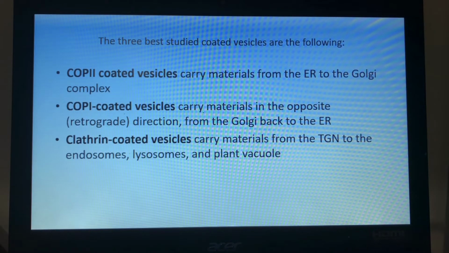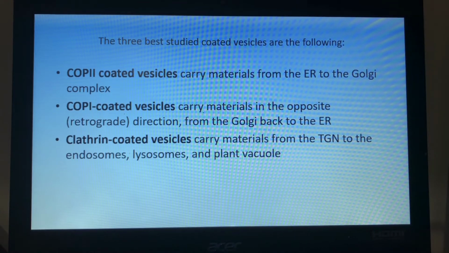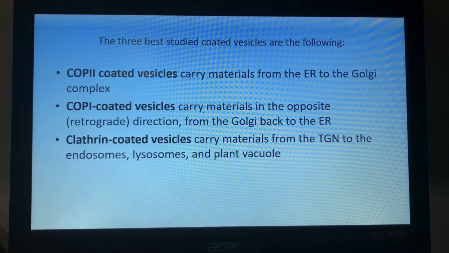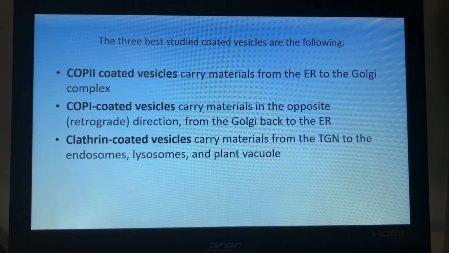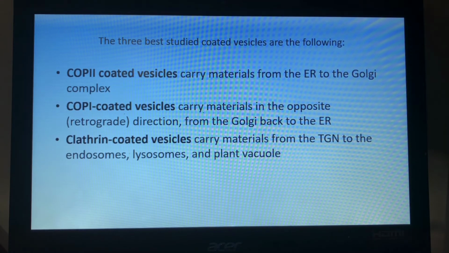Most if not all of the vesicles that transport material through the endomembrane system are encased initially in a protein coat. Several distinct types of coated vesicles have been identified. The three best studied coated vesicles are the following. COPII coated vesicles carry materials from the endoplasmic reticulum to the Golgi complex.